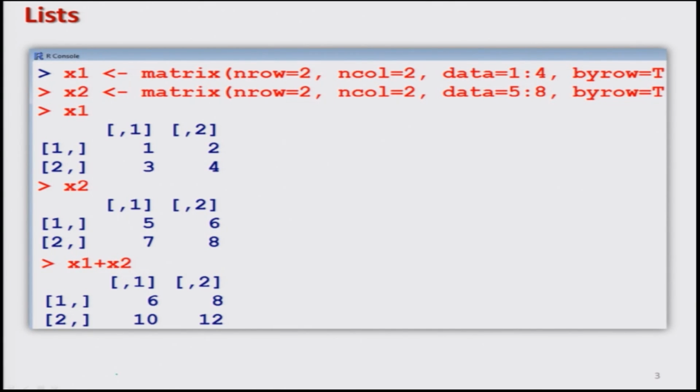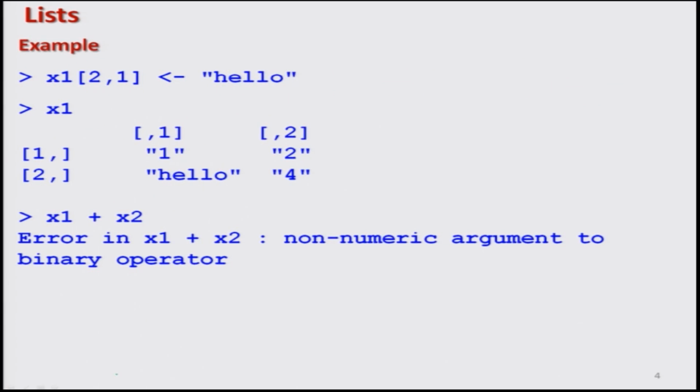So now what we try to do is replace one of the elements of the x1 matrix by some character, and I replace the x21 element by the character hello. As soon as I do it, my x1 matrix will become like this. Let us try to do it and see what happens.